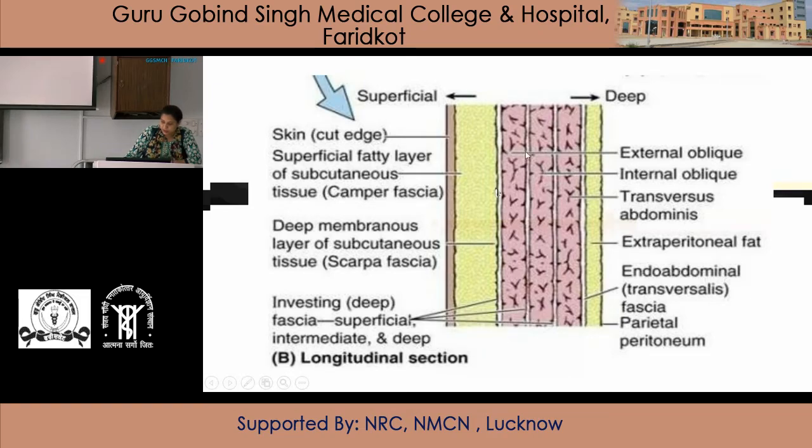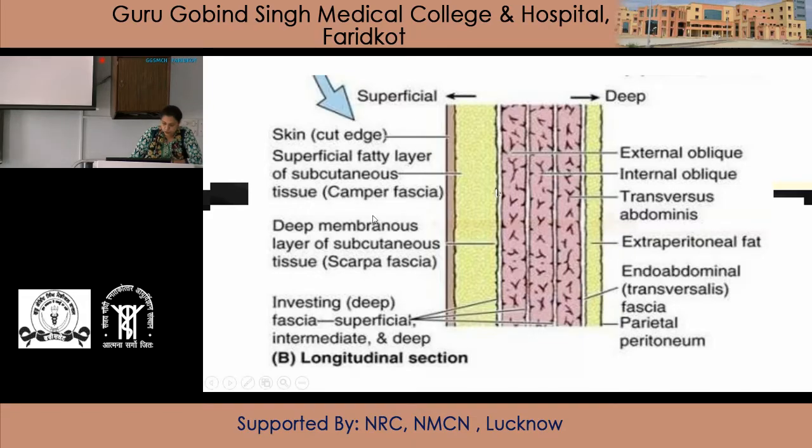Here is the muscular layer: the external oblique muscle, internal oblique muscle, and transversus abdominis muscle. And then is the extraperitoneal fat, and last is the parietal peritoneum. Between the extraperitoneal fat and the muscular layer there is the fascia transversalis.